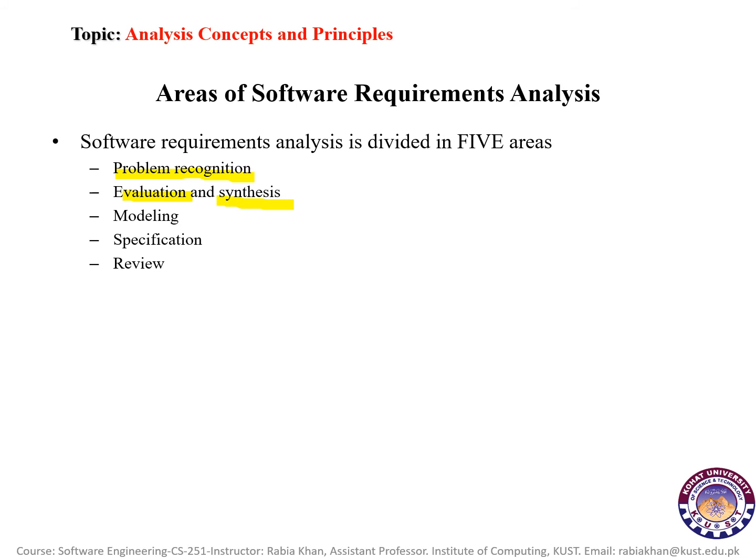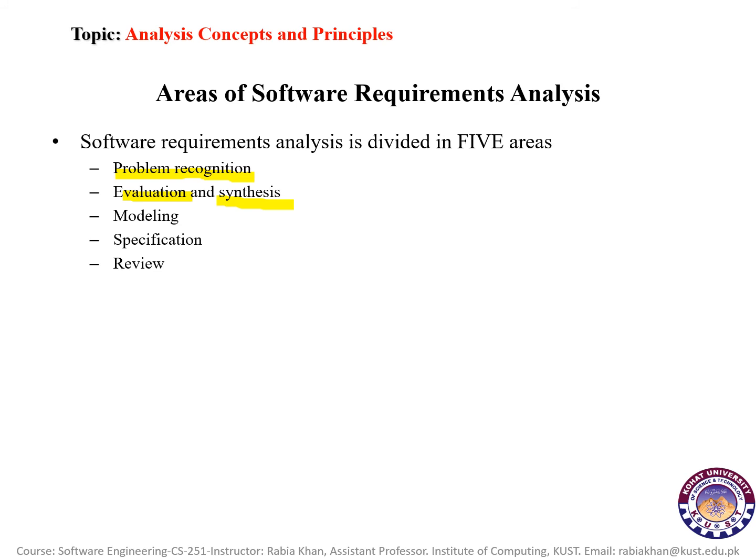Here, the analyst needs to define all externally observable data objects, evaluate the flow and content of information, define and elaborate all the software functions, understand software behavior in the context of events that affect the system, establish system interface characteristics, and uncover additional design constraints.